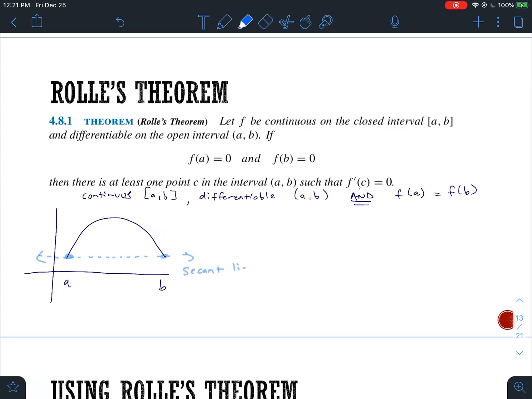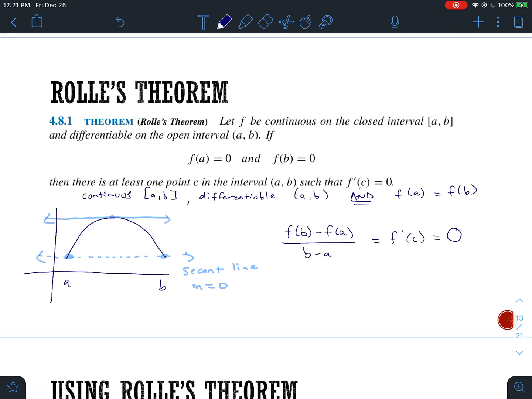So notice f at a and f at b are the same height. So this time when you draw in the secant line, what's the slope of the secant line? Well, the slope's going to be 0. So based on the mean value theorem, f at b minus f at a over b minus a is going to equal f prime at c somewhere on the graph, but this time the slope is going to be 0.